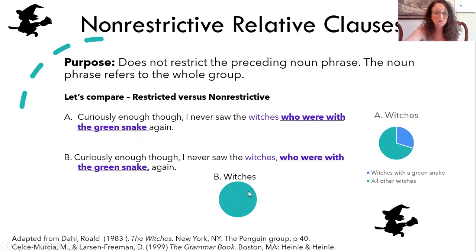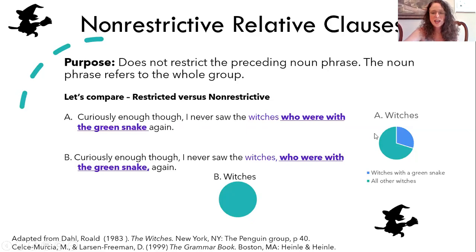It would describe. Okay, so let's look at the restricted type. Okay, curiously enough, though, I never saw the witches who were with the green snake again. So this only is going to, because it's restricted, it's only going to apply to a portion of the group, a set from the group.